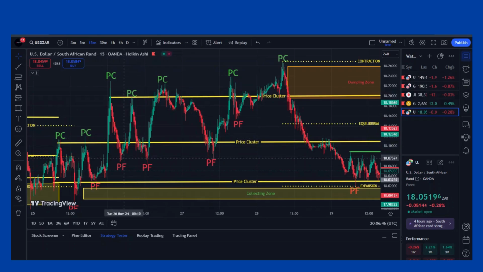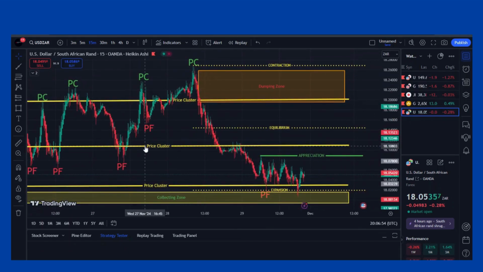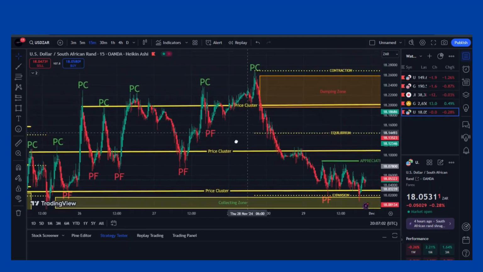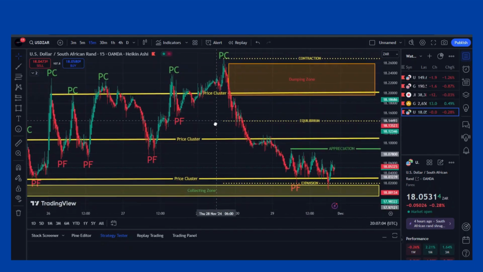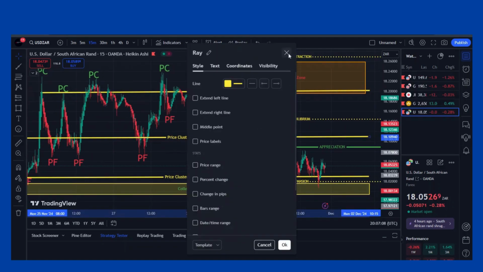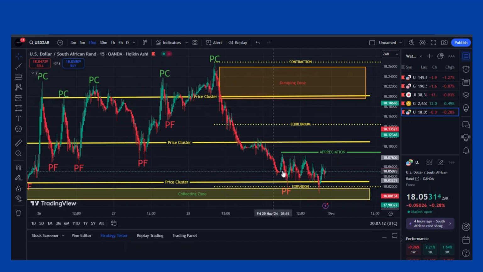Once those patterns are formed, I go further and check my statistical analysis, where I look at the standard deviation, the variance, the mode, the median, the highest point and the lowest point. Based on those, I shift my focus to the entry model, which I will now explain with US dollar, Japanese yen.